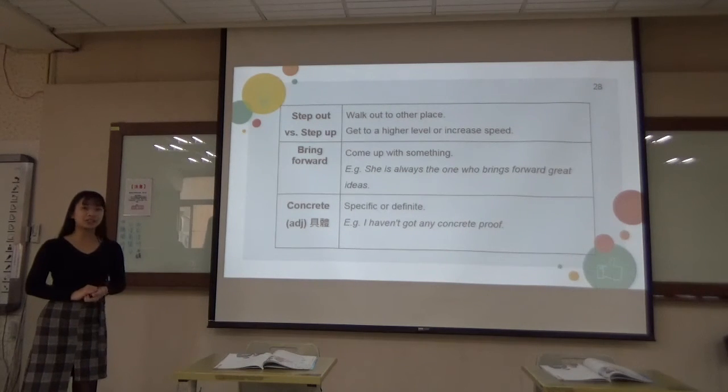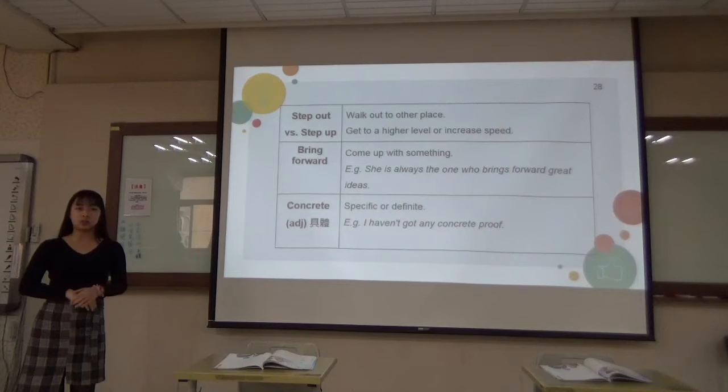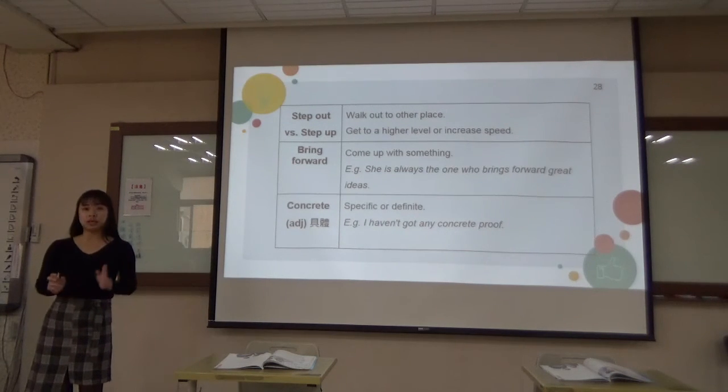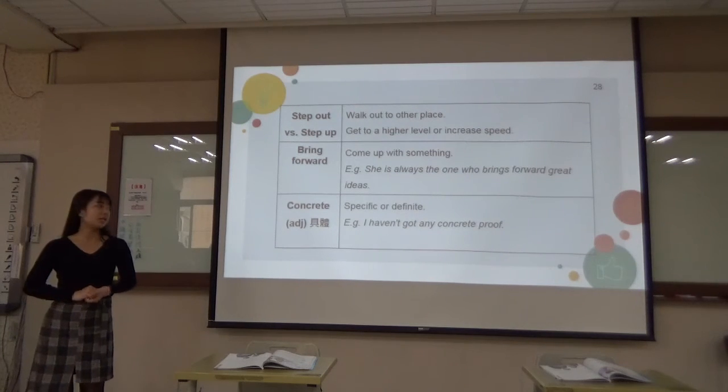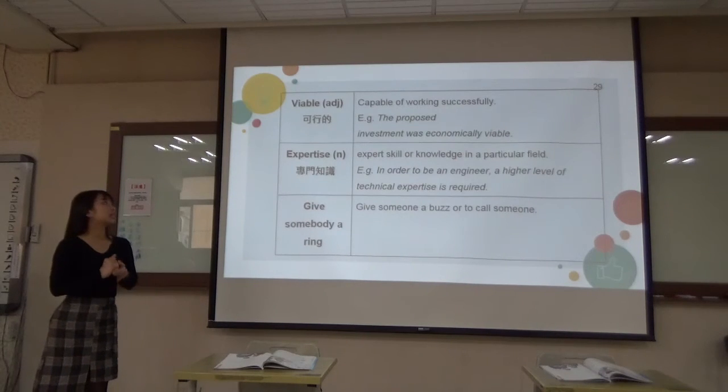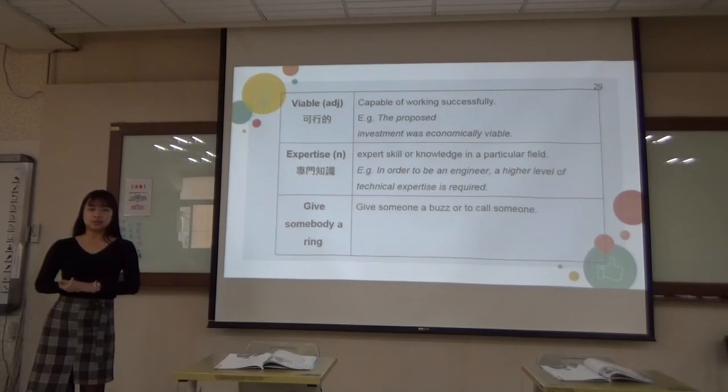Next is concrete. In scenario one, concrete is an adjective. It means specific or definite. Like, I haven't got any concrete proof. As for the noun, it means the material used to build walls. Next is viable. Viable means capable of working successfully.